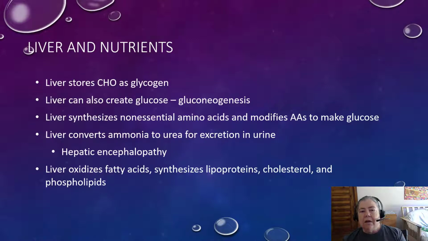The liver converts ammonia to urea, which is excreted in the urine. And when the liver isn't working, we can have excess circulating ammonia, which results in central nervous system dysfunction that's called hepatic encephalopathy. When there's too much ammonia, ammonia is lipid soluble.